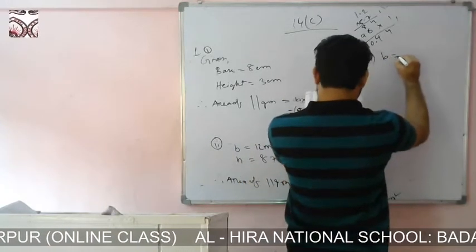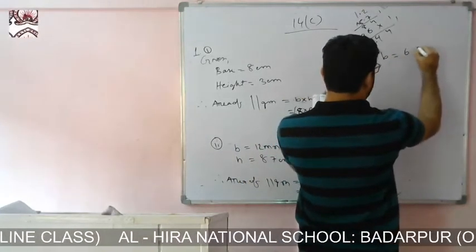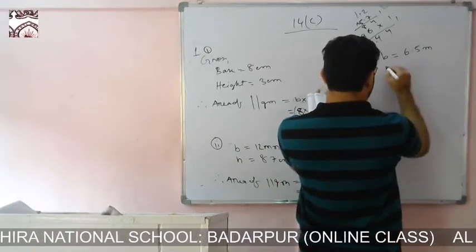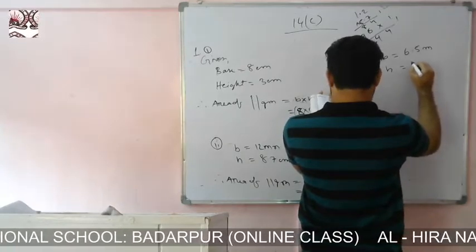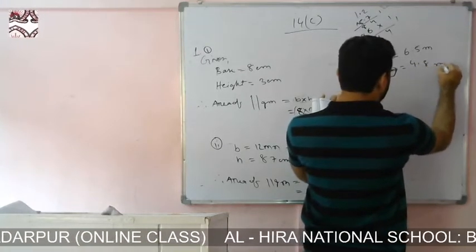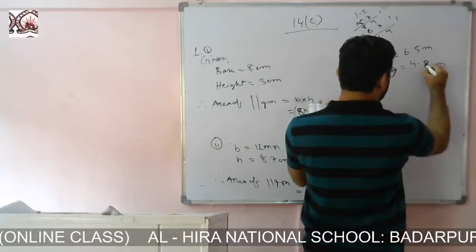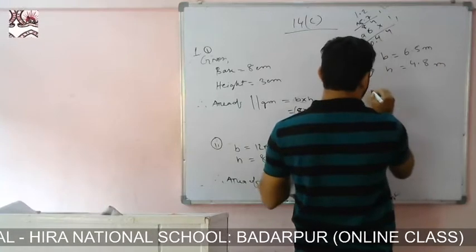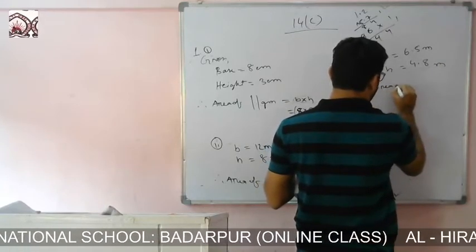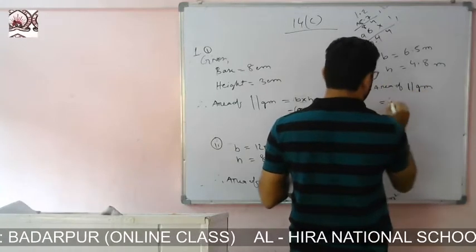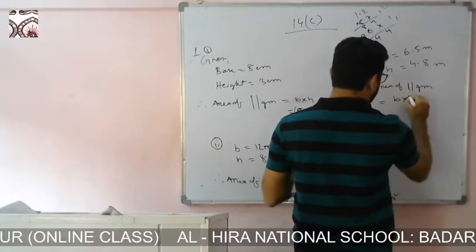Now come to 3. Base equals 6.5 meter, and height equals 4.8 meter. Then area of parallelogram will be base into height.